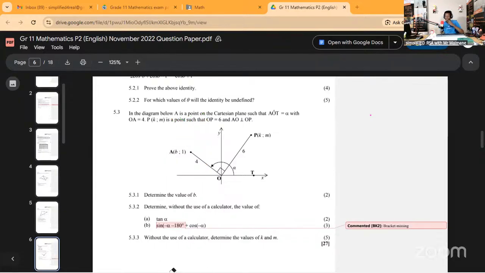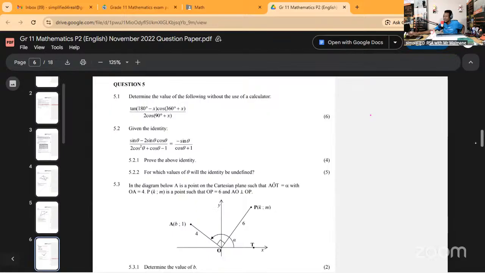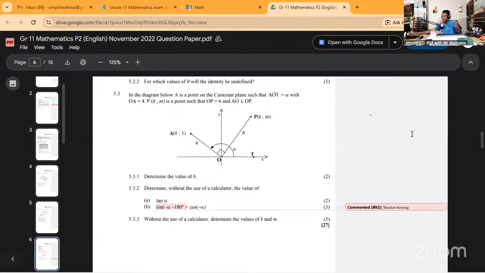The reason why I wanted you guys to try it is because it relates to 5.1 exactly as it is. Not exactly, but those 180s inside still apply on this thing.